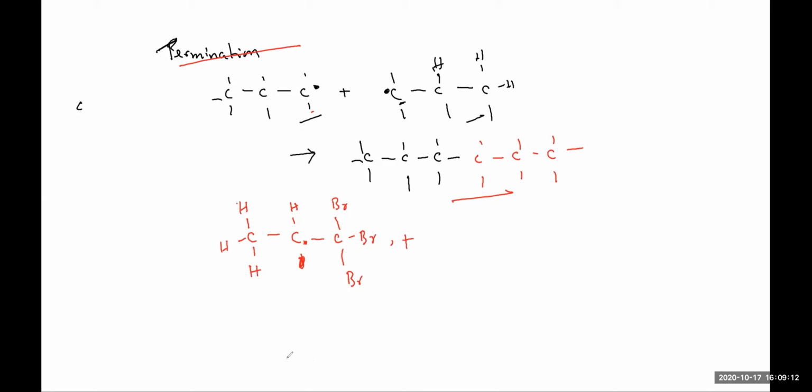And then let's take another free radical, which is on the sixth step. Now you ask, sir, how can the fourth stage and the sixth step be happening at the same time? Because these are all happening simultaneously at the same time.